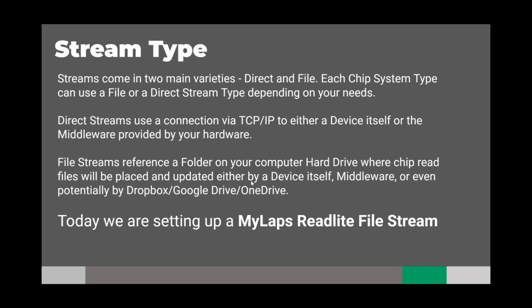File streams reference a folder on your computer's hard drive where chip read files will be placed and updated either by a device itself, middleware, or even potentially from a cloud syncing service like Dropbox, Google Drive, or OneDrive. Today, we're going to set up a MyLapse ReadLite file stream.